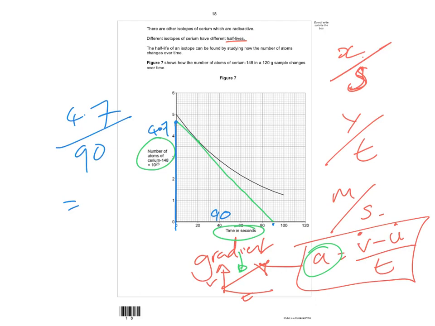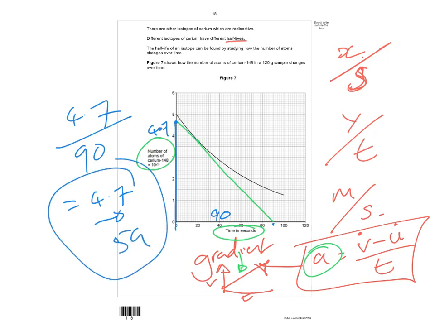So we would have accepted anything between sort of 4.7 to 5.9, so obviously a tangent is going to be a bit wonky, so there was a bit of leniency with this. In the case of my results, it was 0.052.